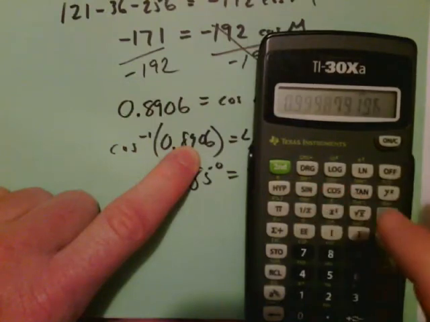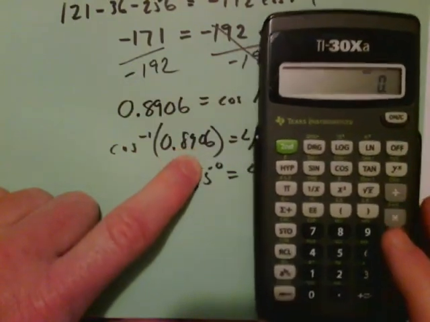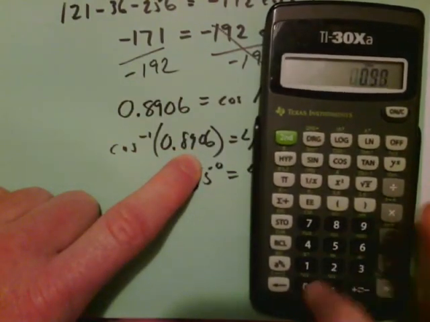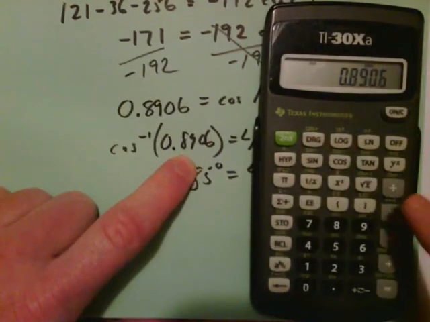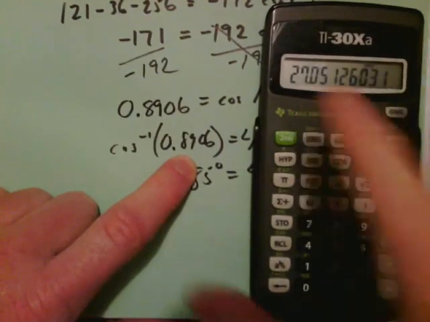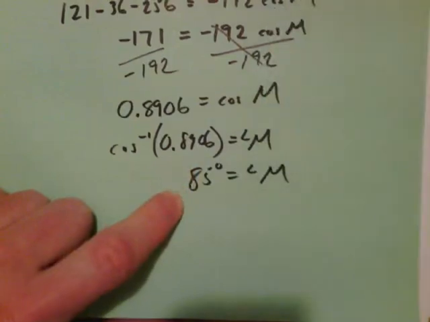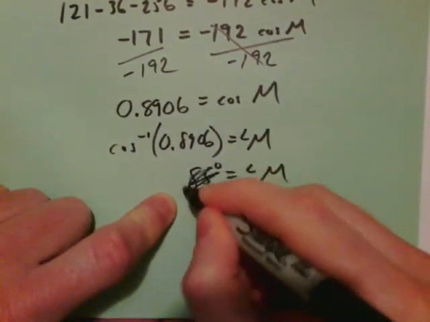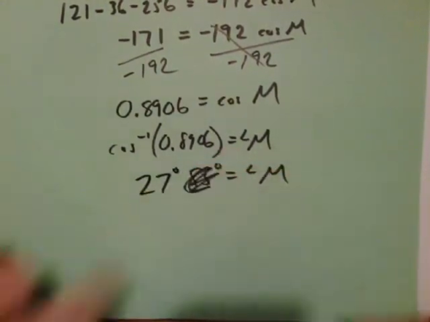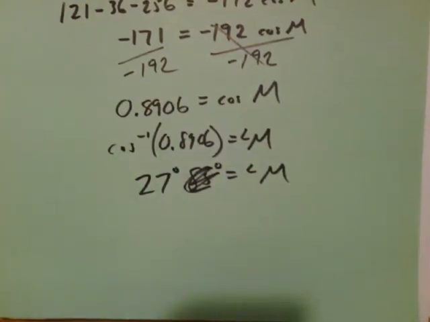Anyway, 0.8906 second cos gives 27 degrees. So I hit something wrong. When I paused it, I tried second sine and second tan. I don't know how I got that answer, but so be it.